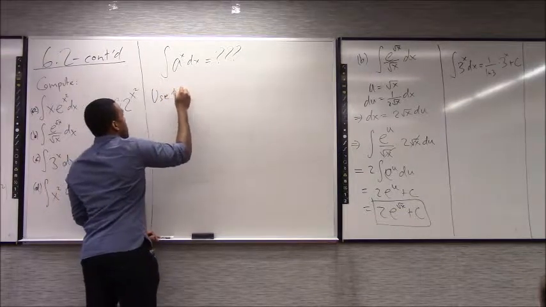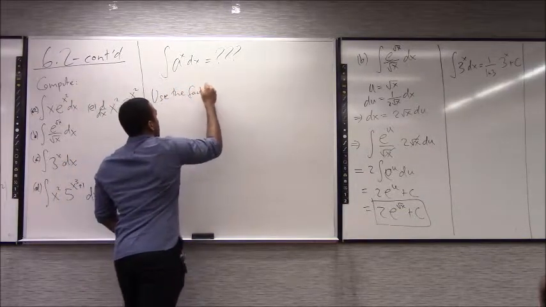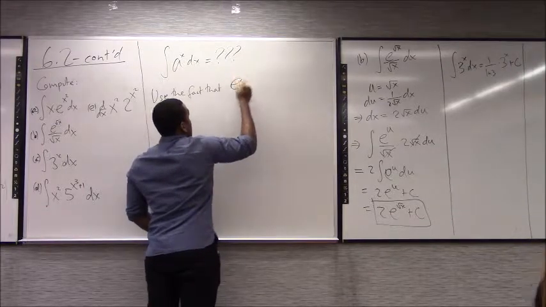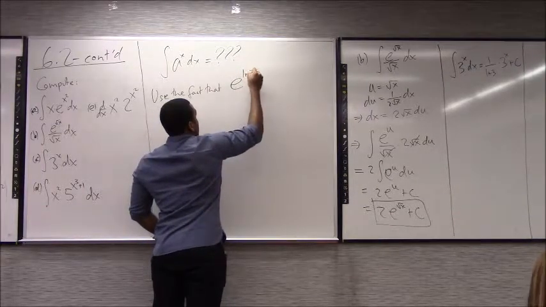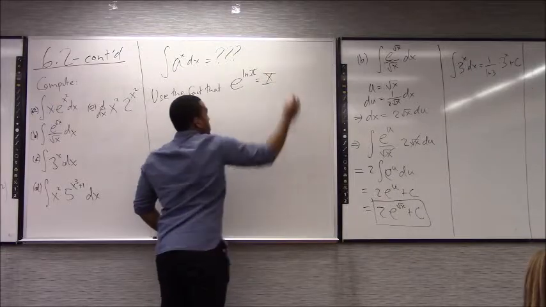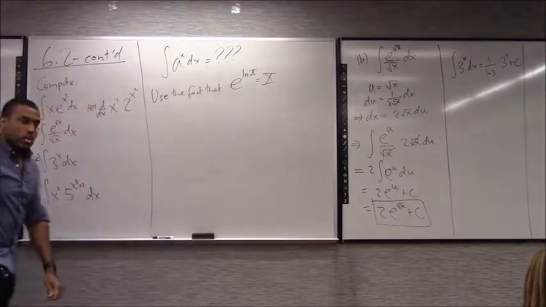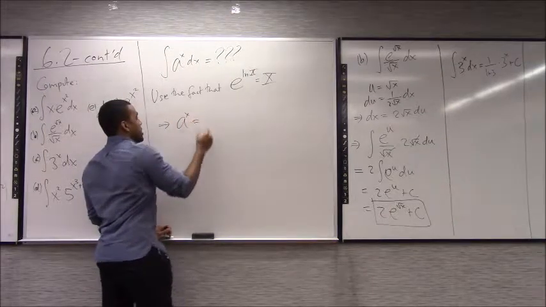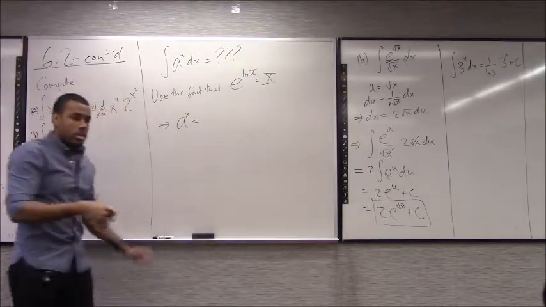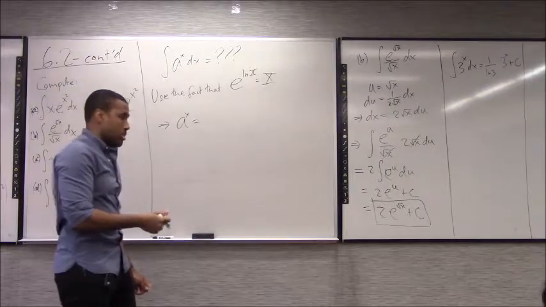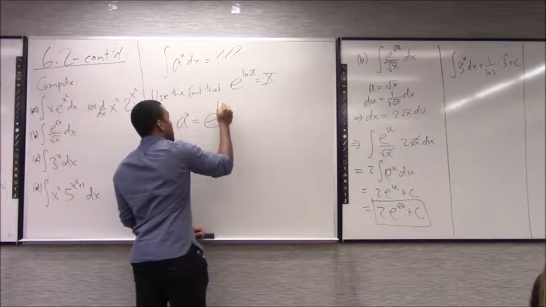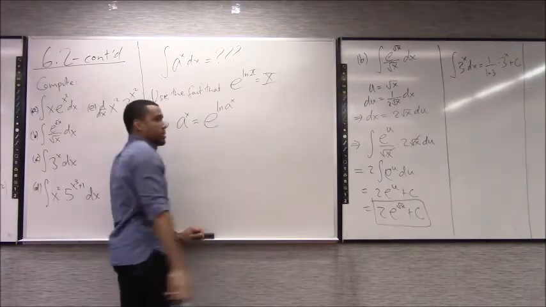Use the fact that e to the ln of anything is just the thing, right? So we have that fact. So in fact, since a is positive in our assumptions, it will work in the log. So I can think of a to the x as e to the ln of a to the x.